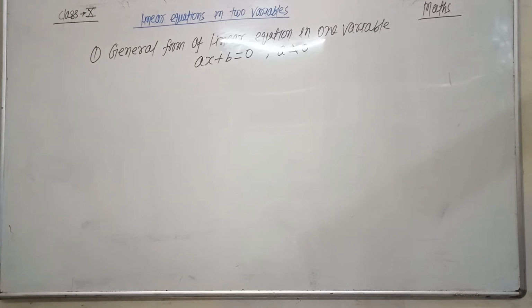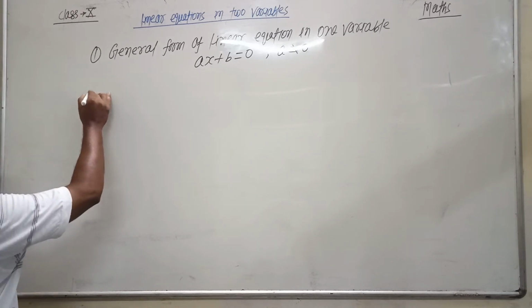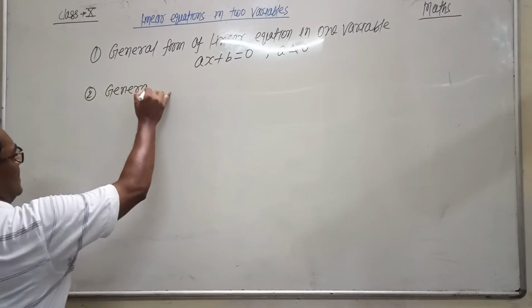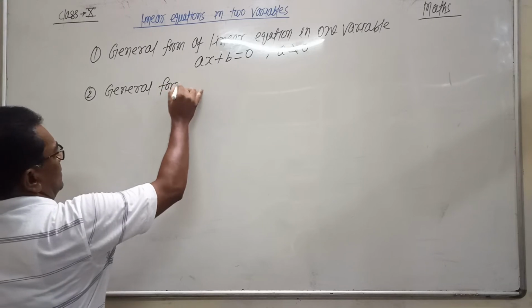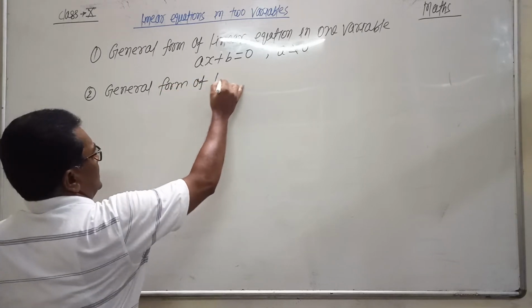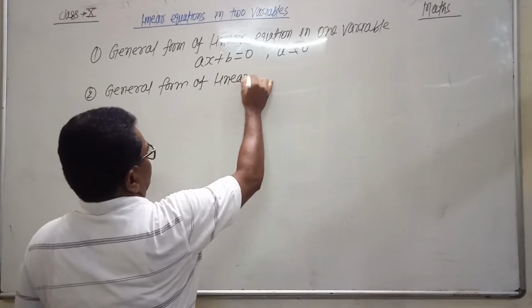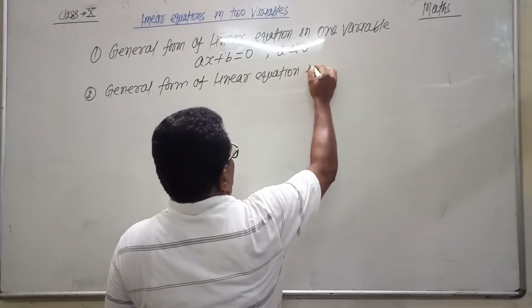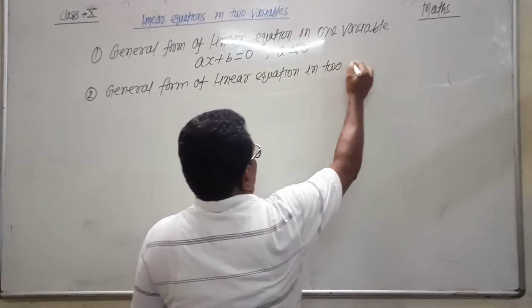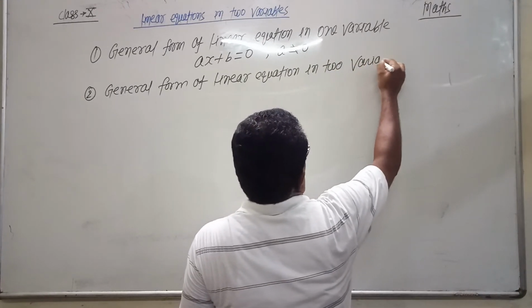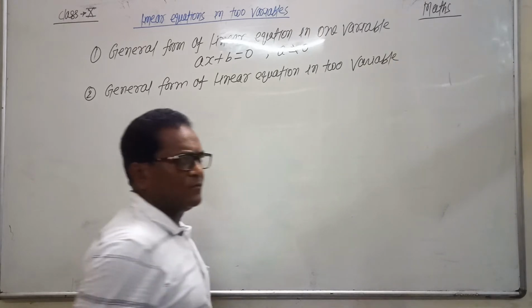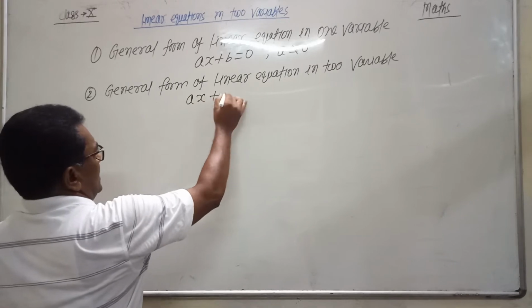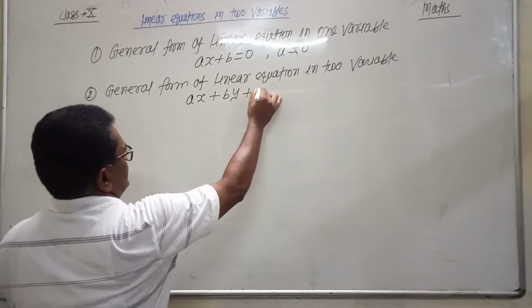And the general form of linear equation in two variables is given by ax plus by plus c equals to 0.